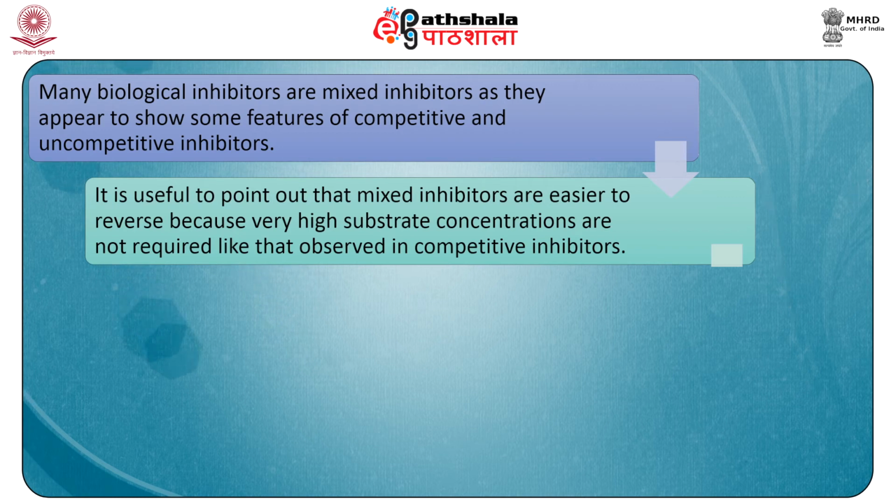It is useful to point out that mixed inhibitors are easier to reverse because very high substrate concentrations are not required like that observed in competitive inhibitors. It is worthy to note that antibiotics which are frequently competitive inhibitors behave to some extent as irreversible inhibitors because very high substrate concentrations are required to reverse these.